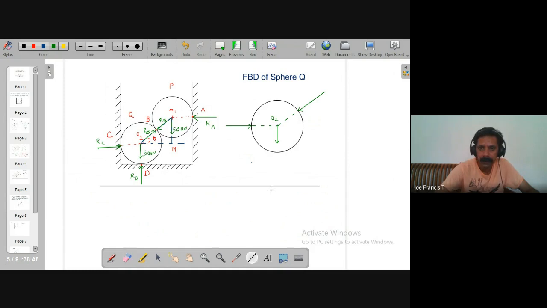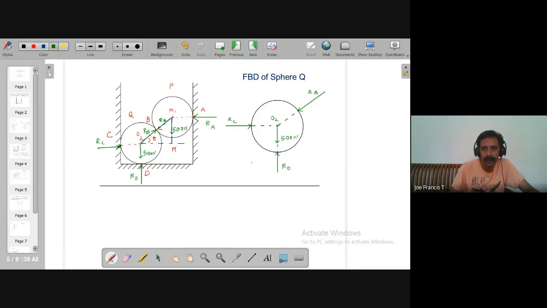And then finally you have RD. Okay, so we have marked all the four forces. 500 Newton acting downward. Right? RB, which is inclined. This is RC. And vertically up you have RD.